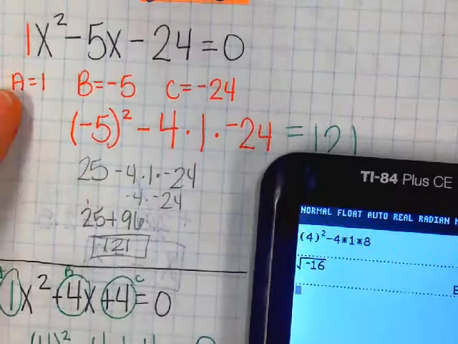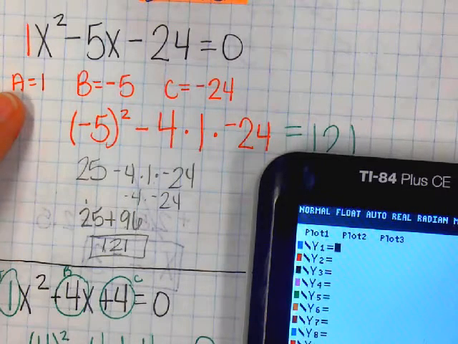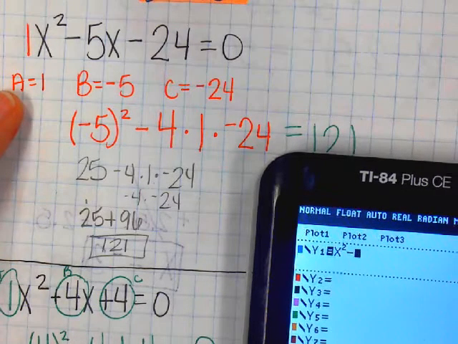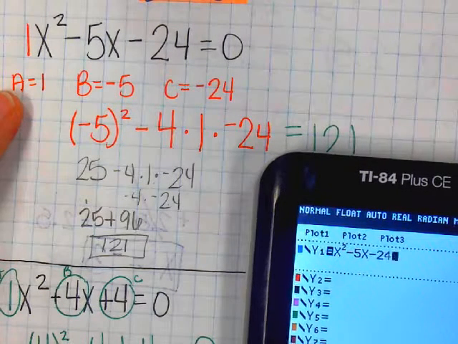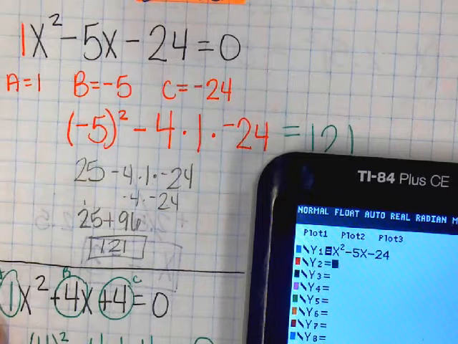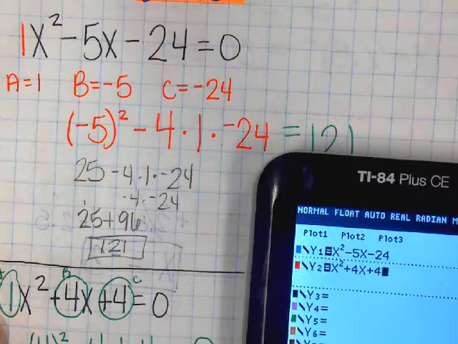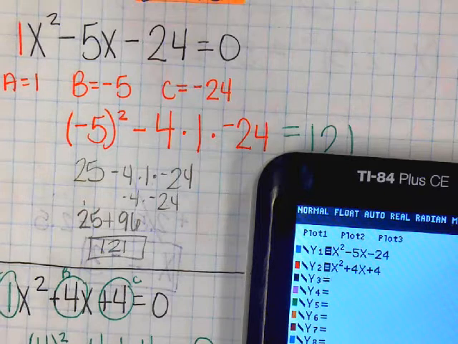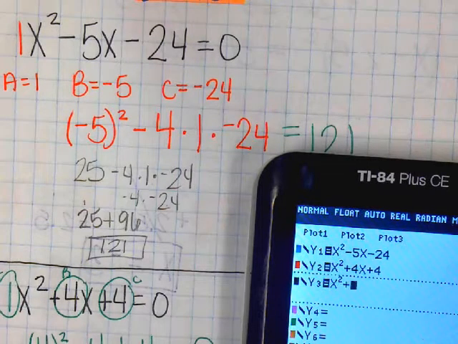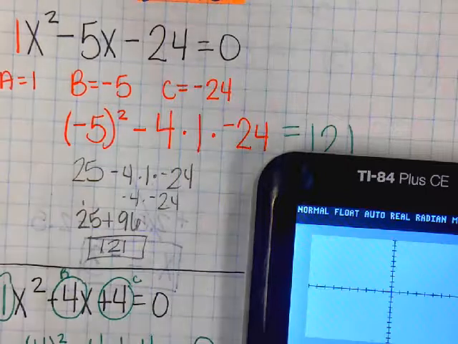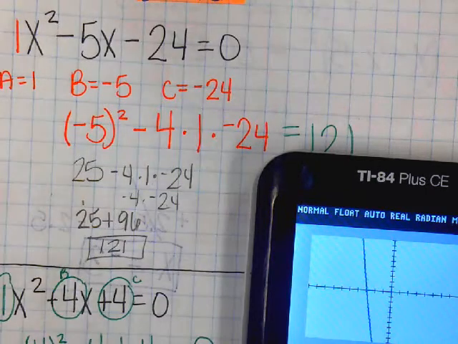I will type in real quick. I know I'm at 10 minutes, but I'm going to go ahead and type in the equations. So let's say y equals x squared minus 5x minus 24, x squared plus 4x plus 4, and then x squared plus 4x plus 8.